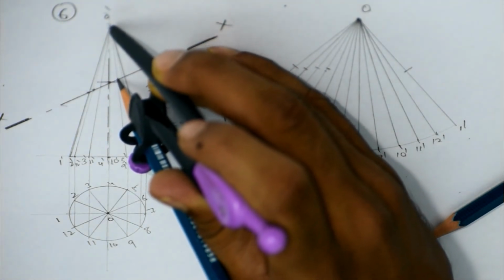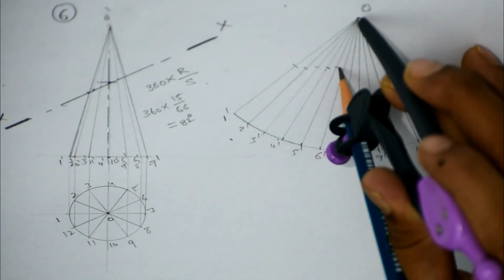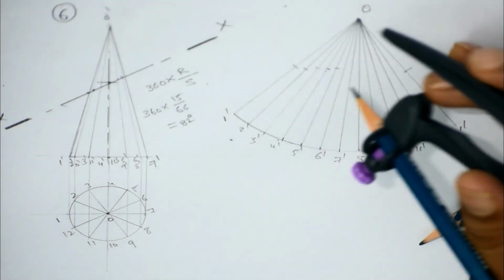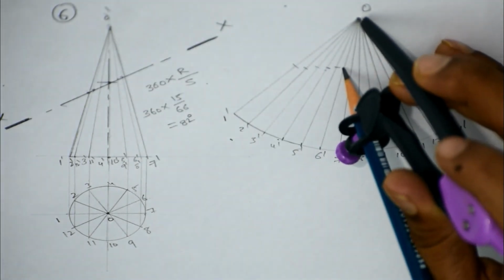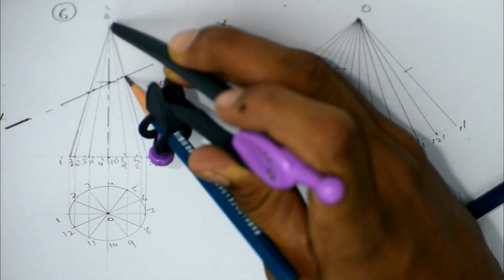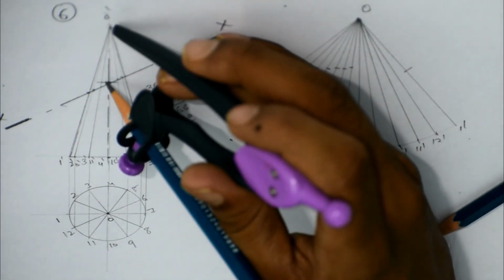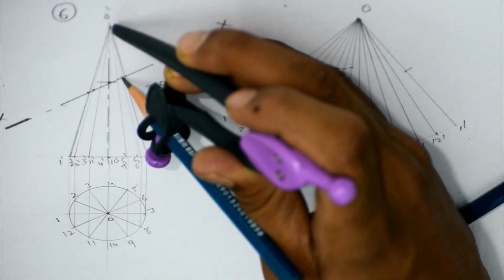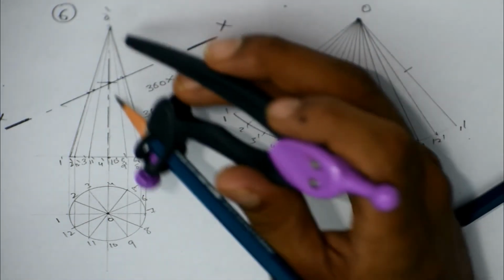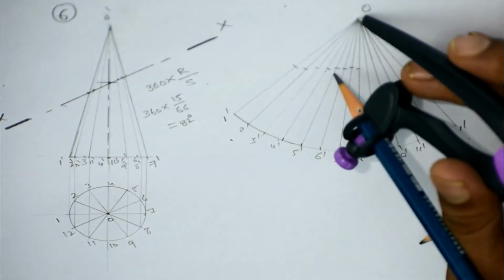This is the fifth generator. Sixth generator. Seventh generator. And again these points will get repeated. This 6 dash and 8 dash are on the same line. The same points will get repeated. This is the ninth generator.